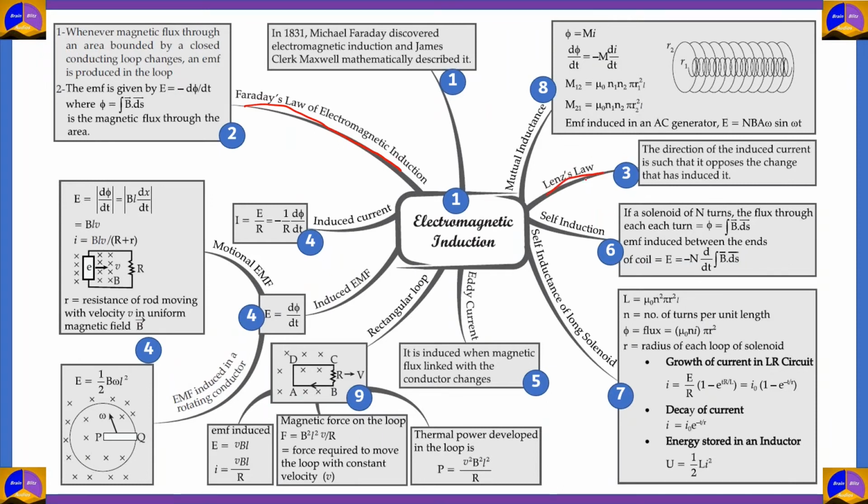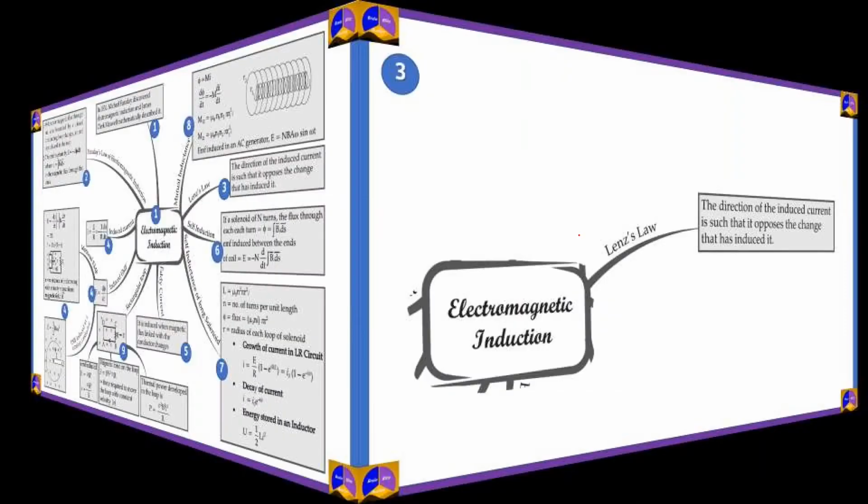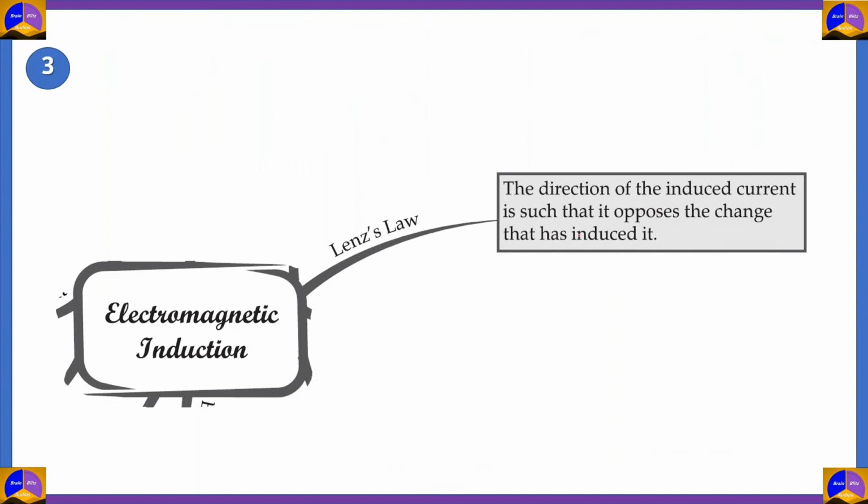Let's now look at another important law in this field, which is Lenz's law. So we know that the induced EMF is given by the formula minus d phi by dt. So the EMF acts in the opposite direction.